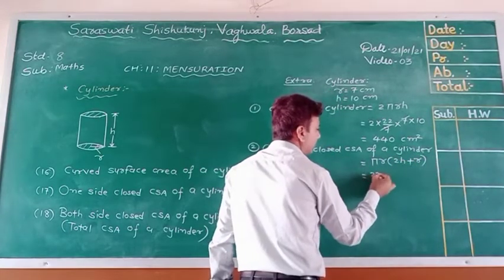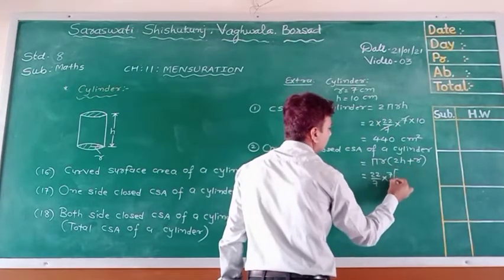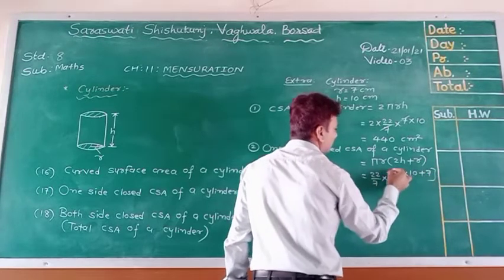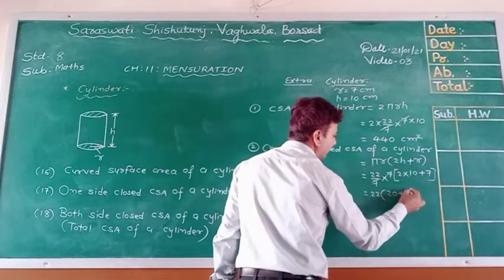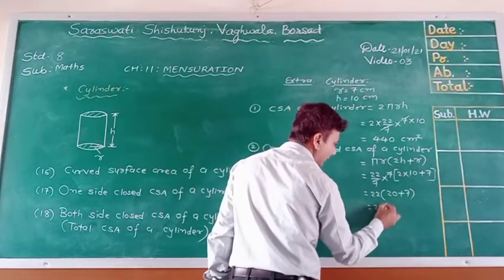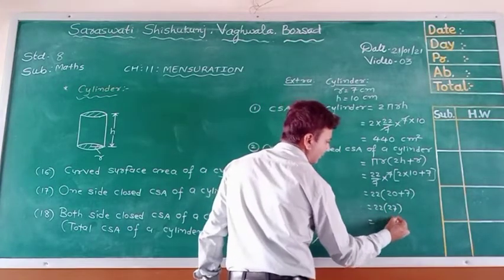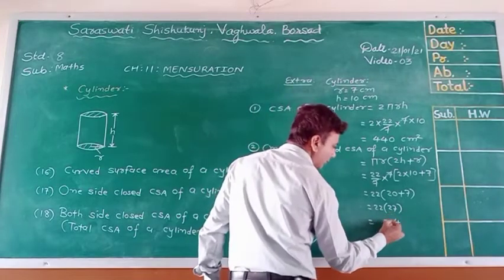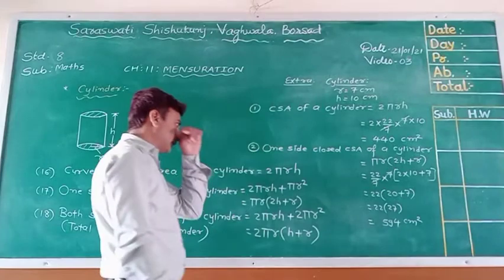Pi is 22 by 7. Radius given 7. Height 10. Now 7 sevens cancel, 22, and this 20 plus 7, that is 27. Multiplication: 27 times 2 is 54, plus 5, 59 centimeters square. Is it clear?